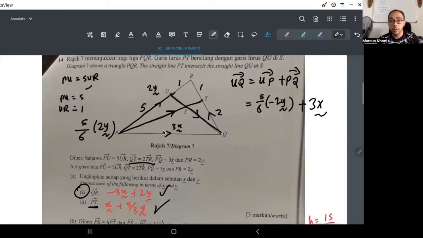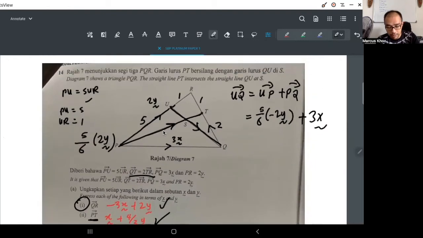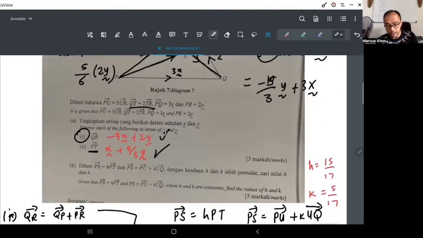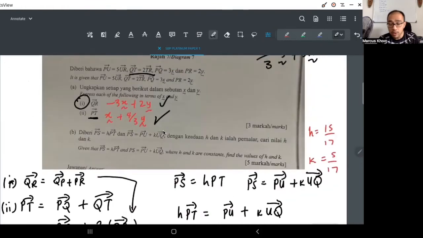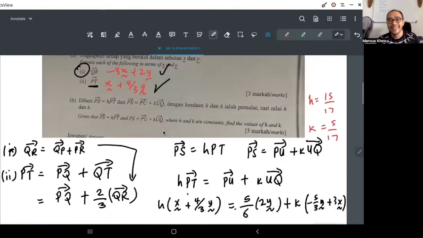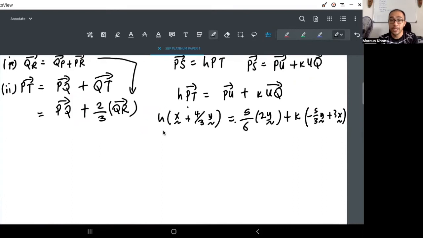So when we put that in, let me simplify this. This will be negative 5/3y plus 3x. I put this here, negative 5/3y plus 3x, and so we get this very long equation which you can simplify.